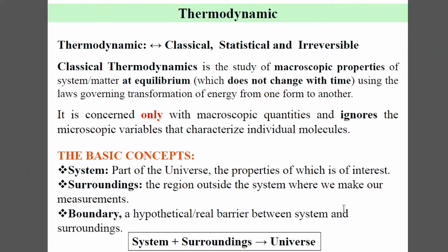In the classical thermodynamics, we deal with the study of macroscopic property of a system at equilibrium. Essentially, we need to understand that we are studying the macroscopic properties like temperature, volume, pressure at equilibrium. That means there is no change with time, using the laws governing the transformation of energy from one form to another.